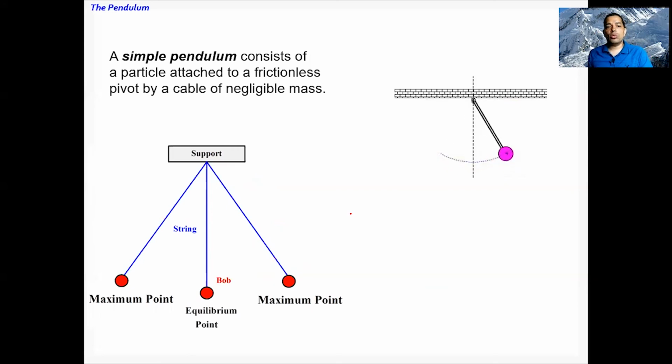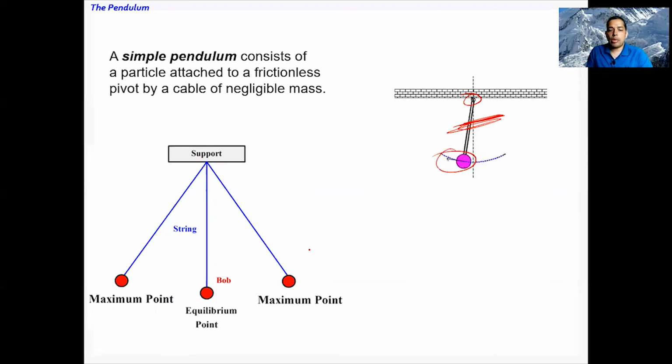In this slide, we'll be talking about a pendulum, or rather a simple pendulum. A simple pendulum consists of a particle attached to a frictionless pivot by a cable of negligible mass. So you have the frictionless pivot here, the cable is negligible, and you have a mass here.